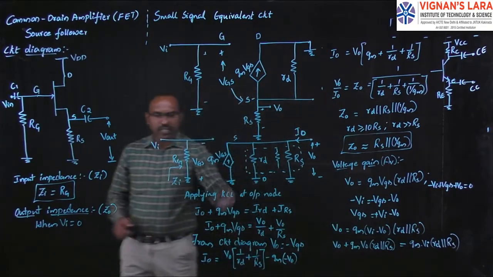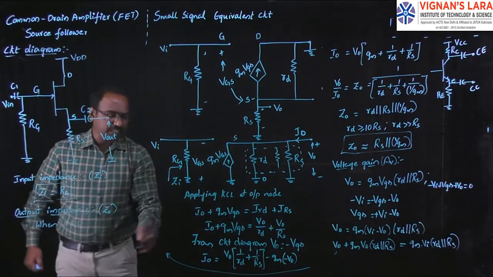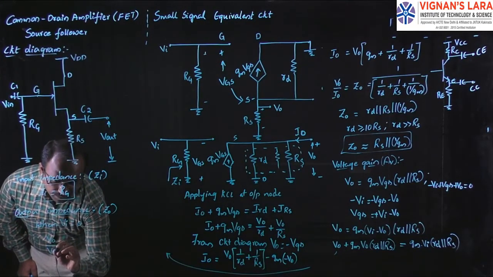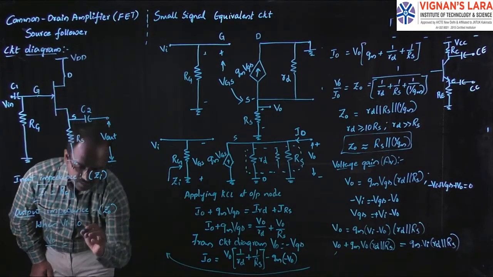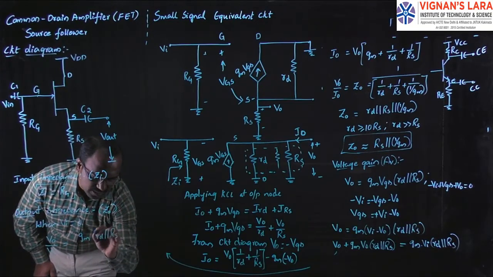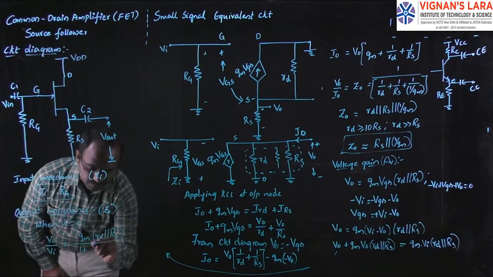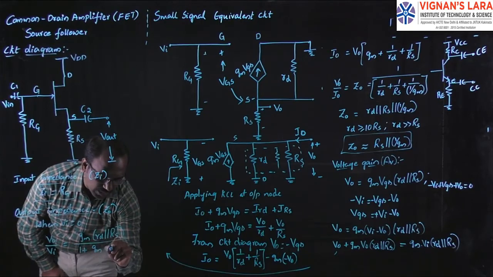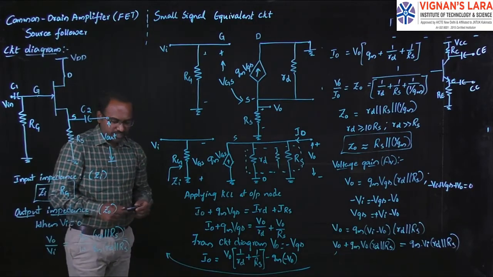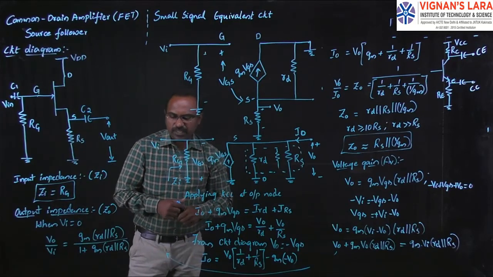So take V naught common and write V naught by Vi is equal to gm into Rd parallel with Rs divided by 1 plus gm into Rd parallel with Rs. So this is the voltage gain expression.